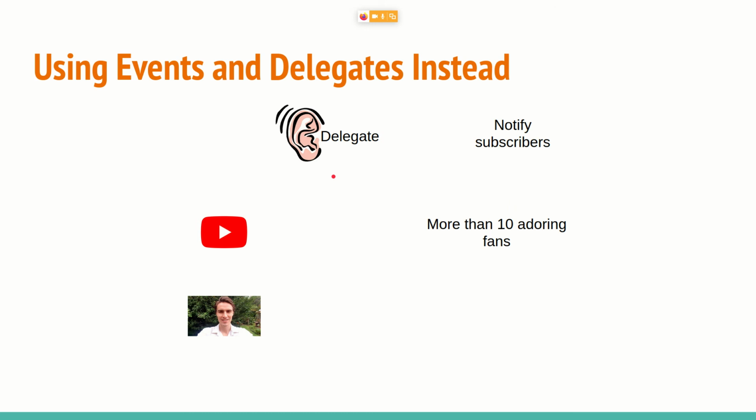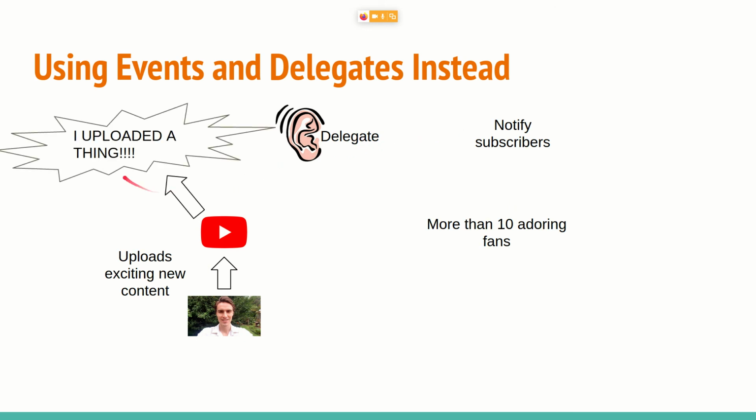Now a content creator goes and uploads a video, uploads exciting new content. Then instead of notifying subscribers directly, calling this directly, what we do is basically shout. We go, I uploaded a thing. Anyone who's interested, you can listen.